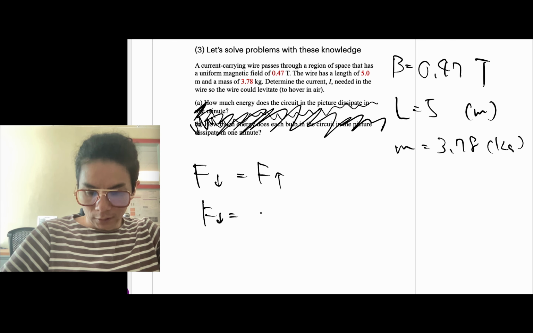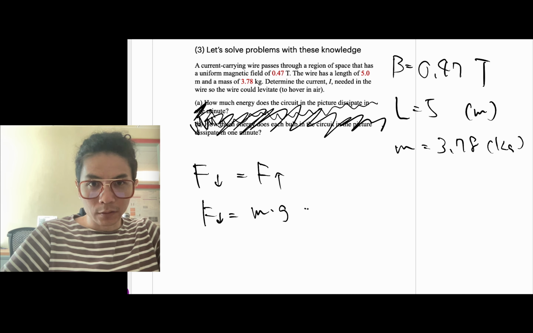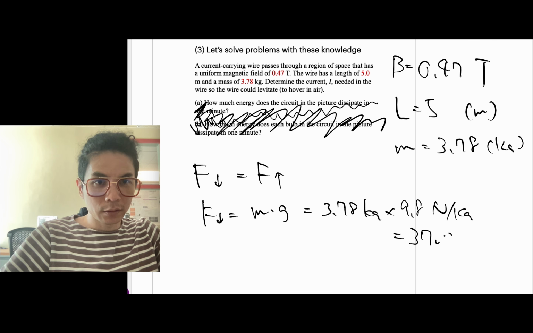So gravity is m multiplied by g, the acceleration of gravity. So 3.78 kilograms multiplied by 9.8 Newton per kilogram. If you calculate, this is going to be around 37.0 Newton.